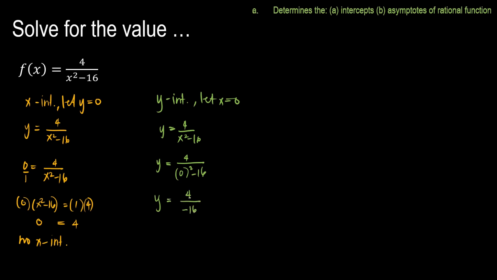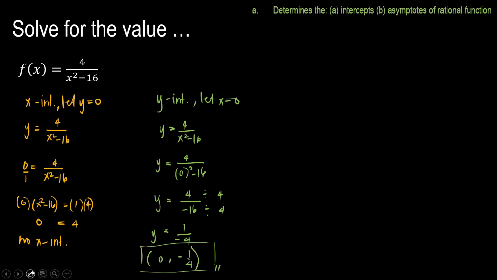Since 0 squared is 0, 0 minus 16 is negative 16. Then let's simplify. What is the greatest common factor of 4 and 16? Is 4. So y is equal to 1 all over negative 4. So therefore, our y-intercept, given that x is equal to 0, is negative 1/4.